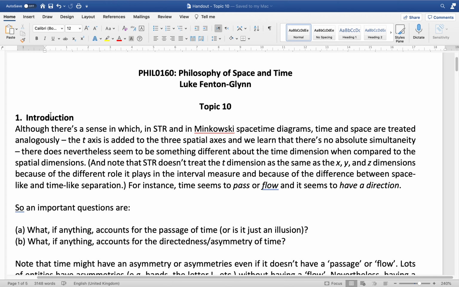So interval is increasing in t, but decreasing in x, y, and z. And also there's an important difference between time-like separation and space-like separation.